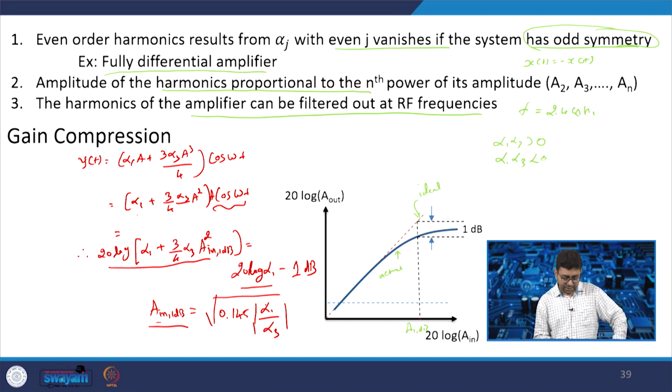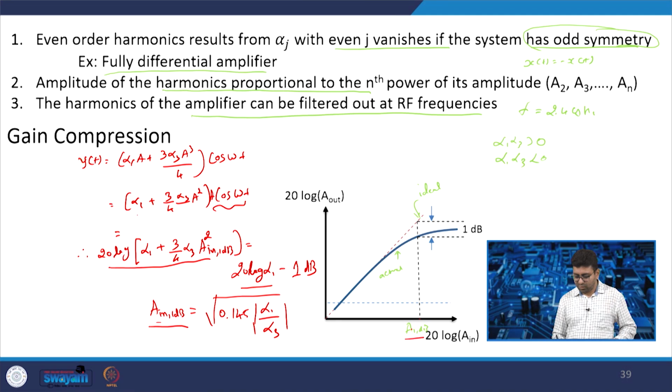In reality we do not want alpha 3 to exist, ideally. But in reality there is some third-order gain which is trying to reduce the gain of the actual system, and that point is nothing but the 1 dB compression point.